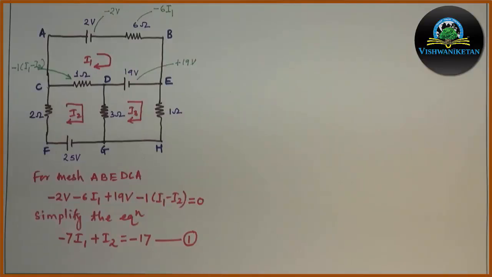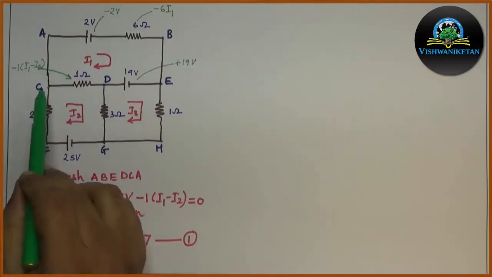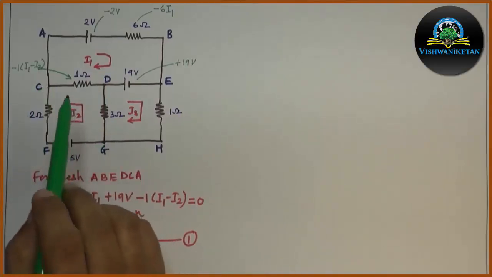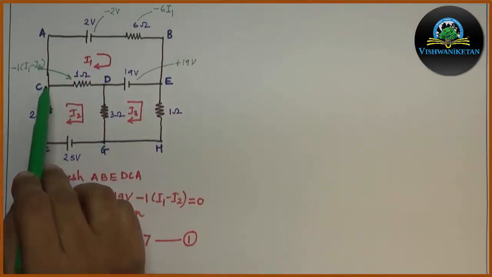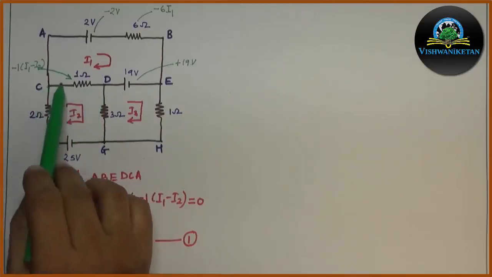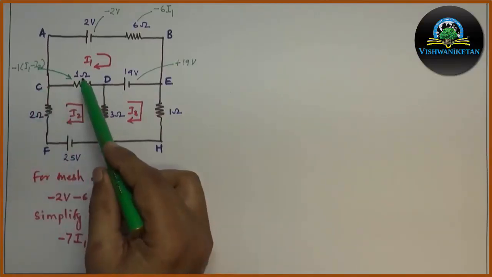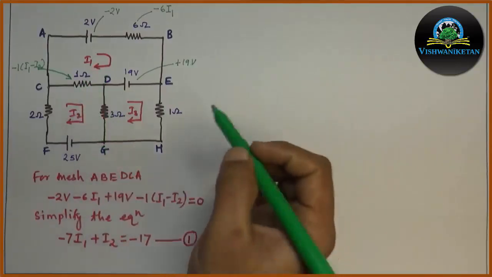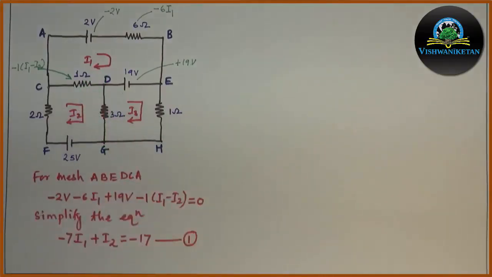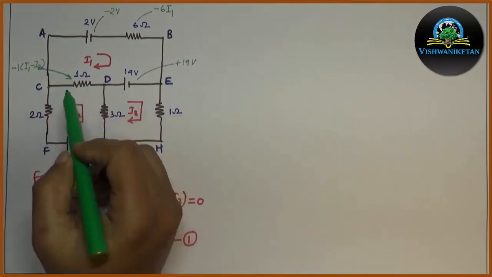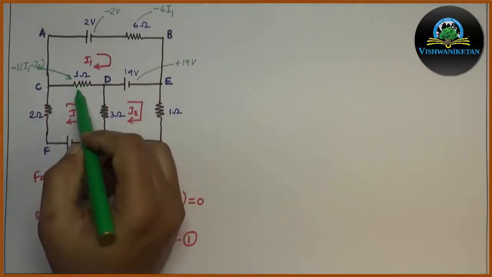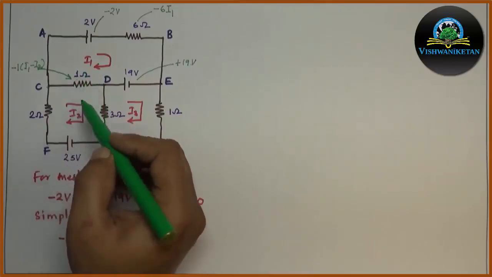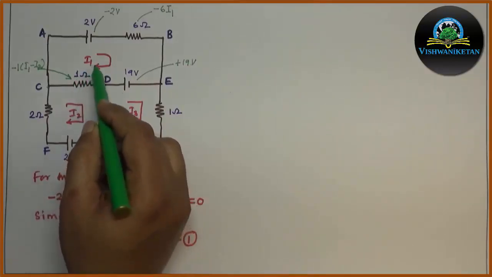Now let us apply KVL to mesh C, D, G, F, C. While moving from C to D, we have a 1 ohm resistor which is common to the first loop and second loop. Now while writing the equation of 1 ohm voltage drop, we are in the second loop. So the resultant current for 1 ohm will be considered as I2 minus I1.